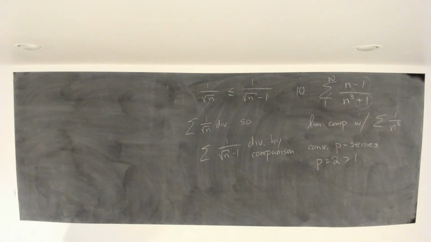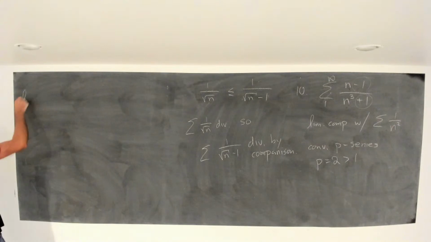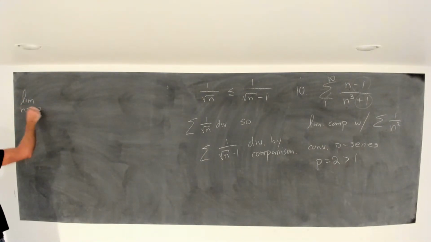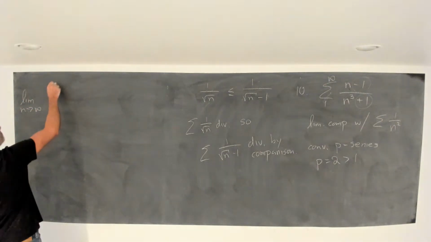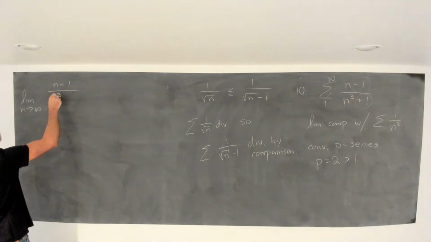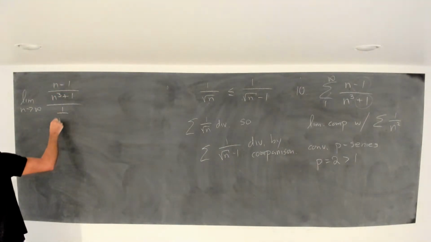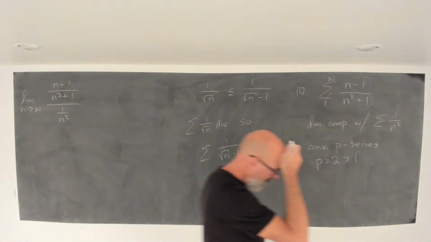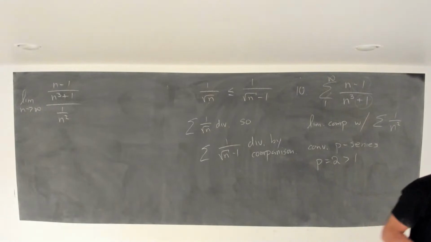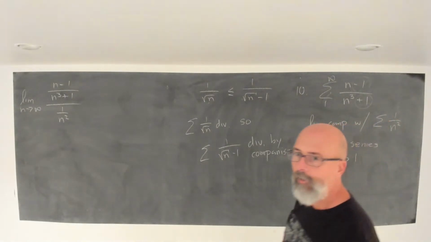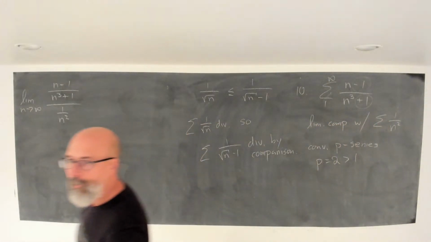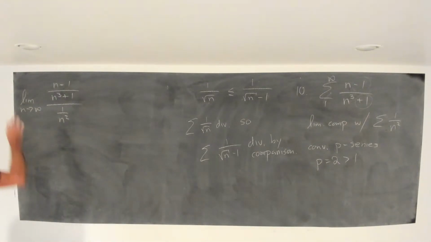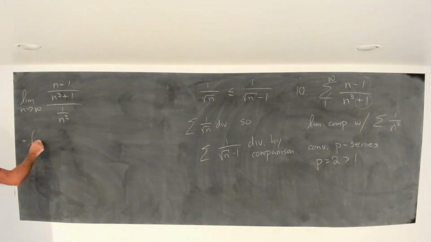All right, so let's do a limit comparison. So one of them divided by the other. It doesn't matter which one goes on top, which one goes on the bottom. It's one divided by the other. So you know what to do.